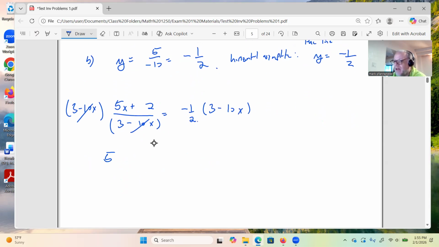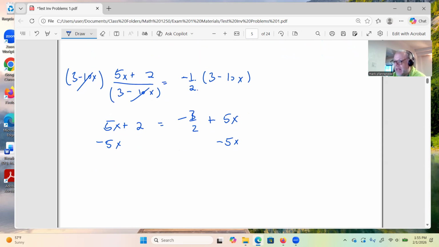So we will have 5x plus 2 equals, now we have to distribute. That's going to be negative 3 over 2, and then negative times negative is positive, so plus 10 over 2, better known as 5, so 5x. Negative 3 halves plus 5x equals 5x plus 2. We're going to solve for x, so we subtract 5x from both sides.